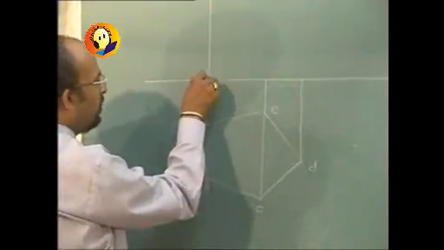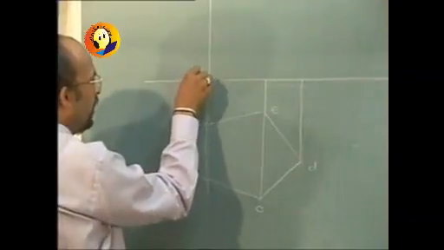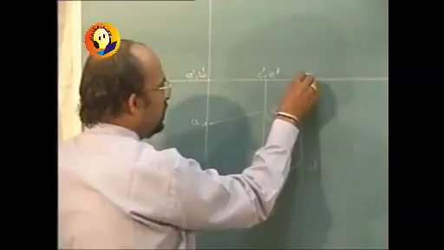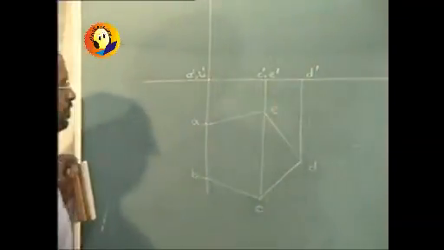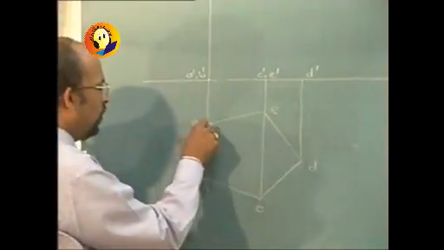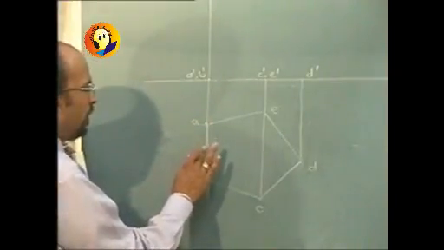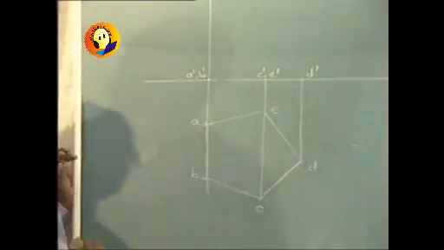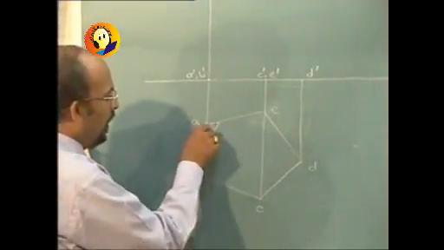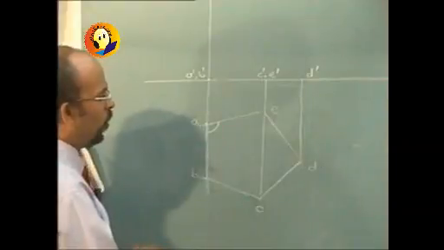And we will get the front view on XY, which is A dash, B dash, C dash and E dash, D dash. Initially line of rotation is been drawn perpendicular to XY. It's a regular pentagon. Internal angle, I repeat, is 108, need not be shown.